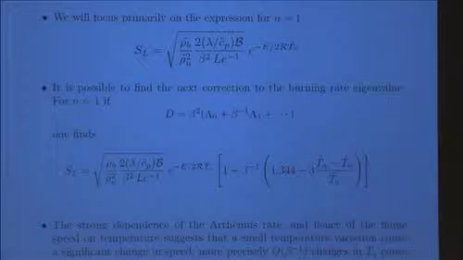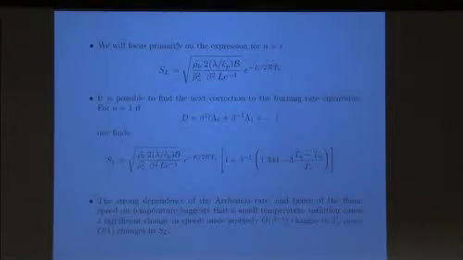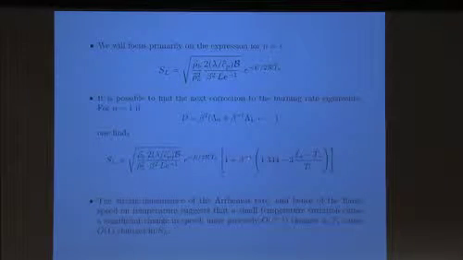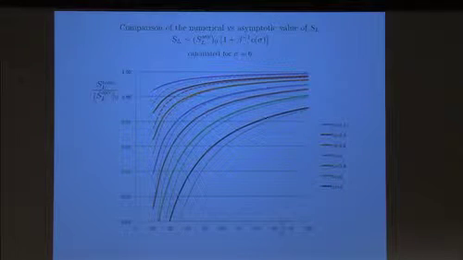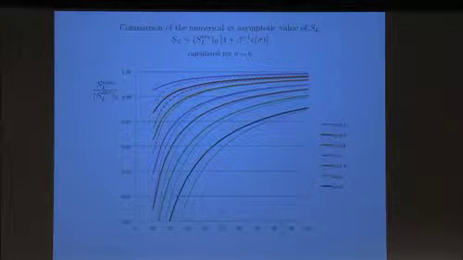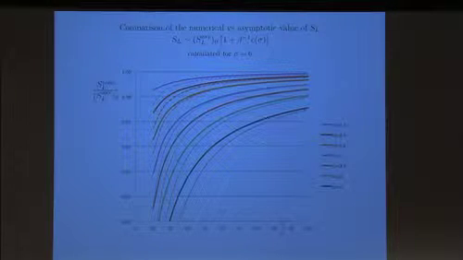And one finds that in addition to this factor, which was here, there is a correction of the form 1 plus something times beta to the minus 1. Now, to show you how that does, what is plotted here is the numerical solution divided by this leading factor. So what I'm comparing is between numerics and asymptotics of what's in this square bracket.